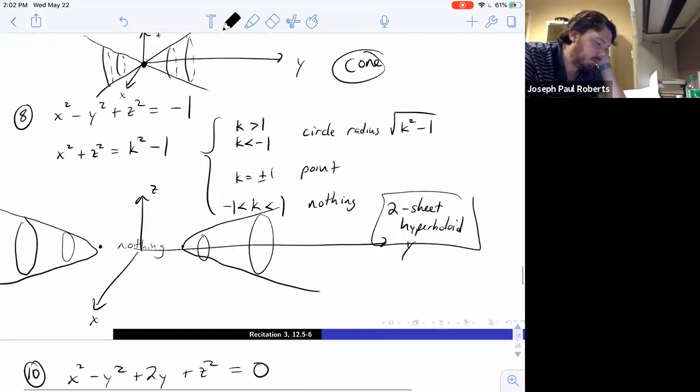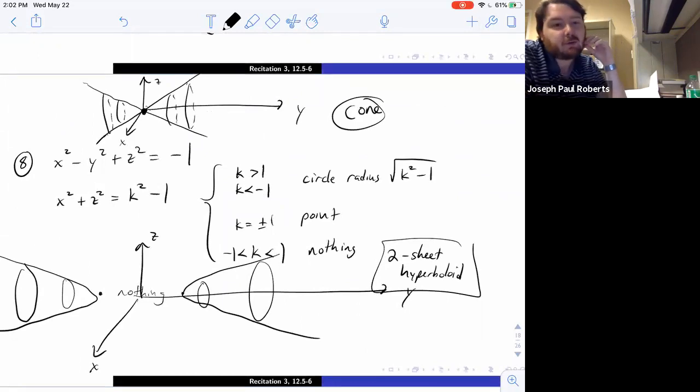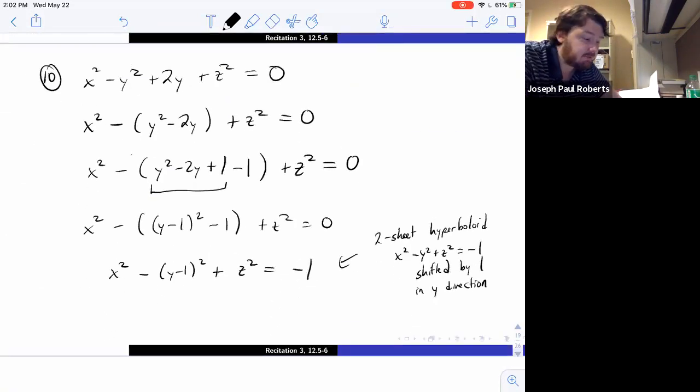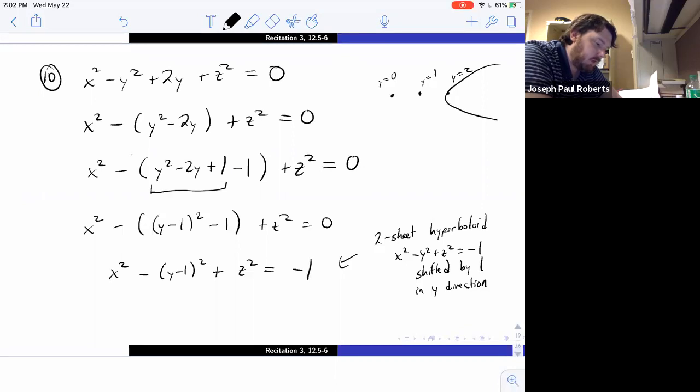And so we already decided in equation 8 that x squared minus y squared plus z squared equals minus 1 is a two-sheet hyperboloid. So it turns out that equation 10 is a two-sheet hyperboloid, but all the action happens around y equals 1. So if you go through the calculations, y equals 2 is where it comes back, and y equals 0 is where it starts. So we just shift our previous picture over.